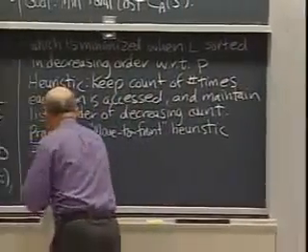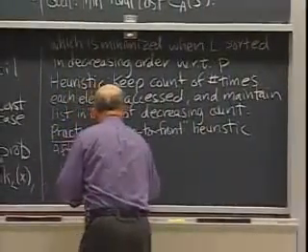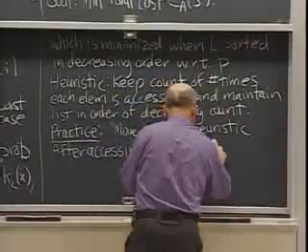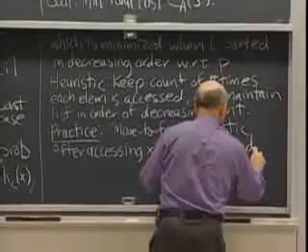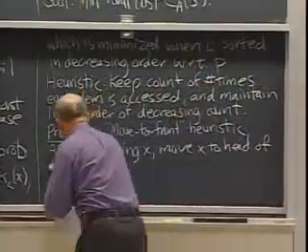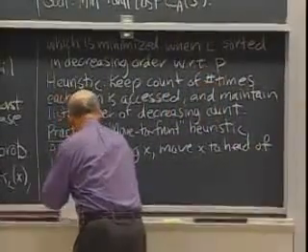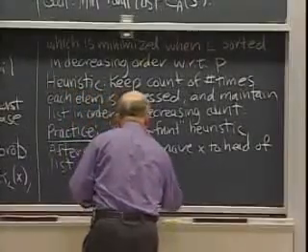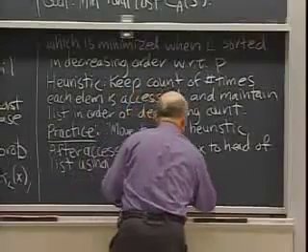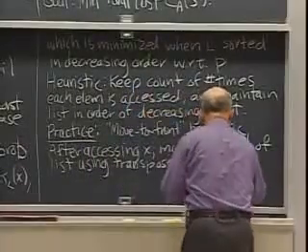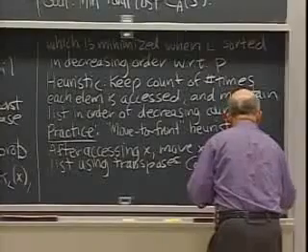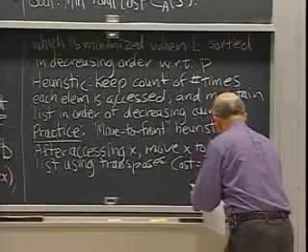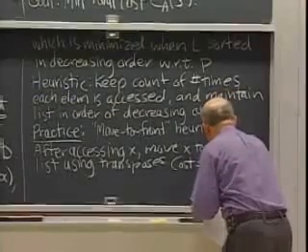So after accessing X, move X to the head of the list using transposes, and the cost is just equal to twice the rank in L of X, okay, where the 2 here has 2 parts.